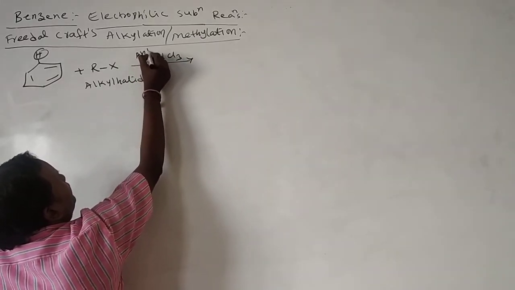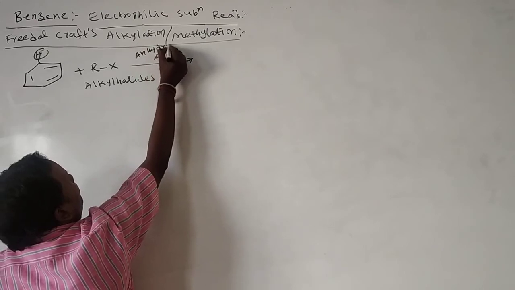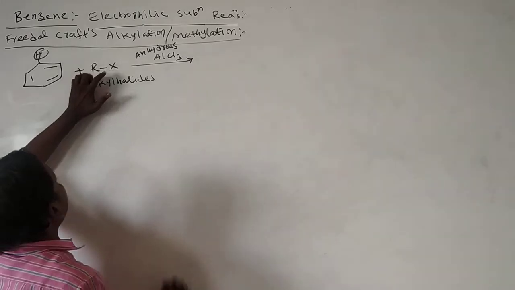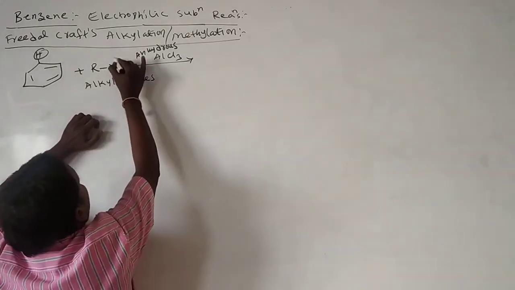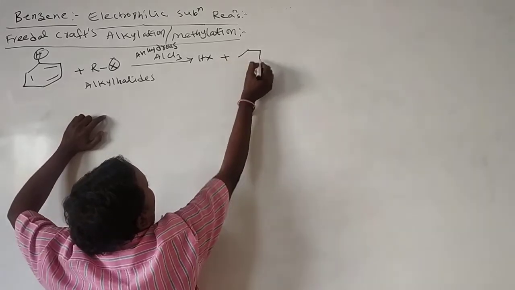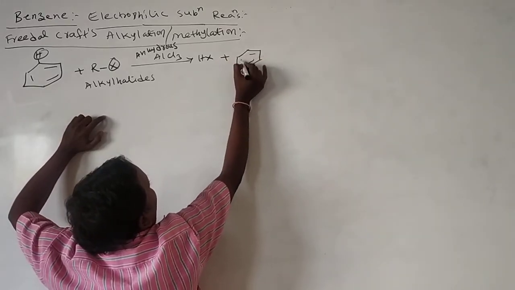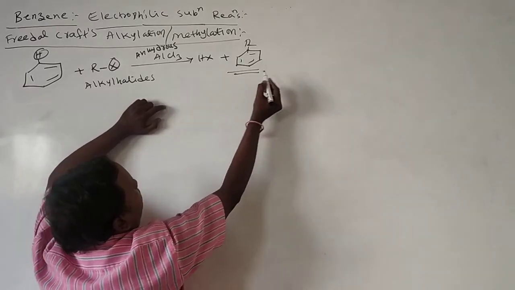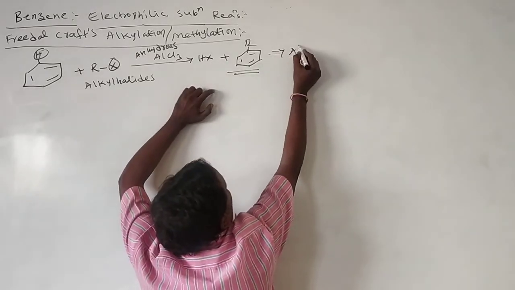The X and H are released in the form of HX, and it forms alkyl benzene. This we call alkylation.